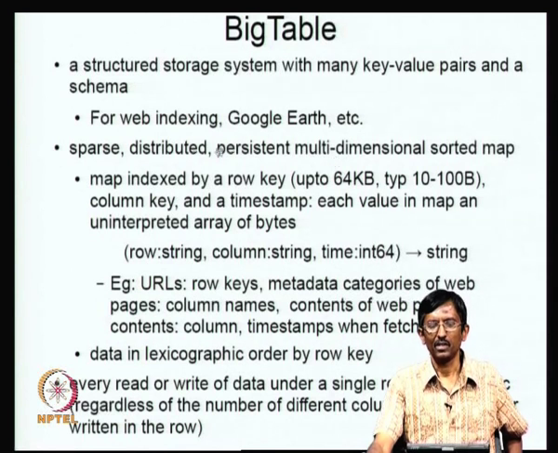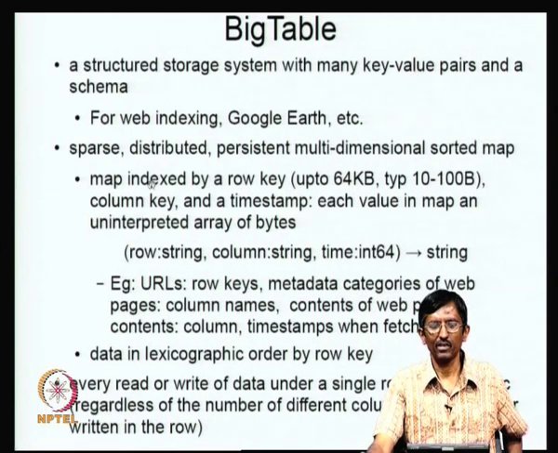It's distributed basically because the various key value pairs will be stored across various nodes across the system. It is multidimensional because the value can have many components. You can call it multiple columns.